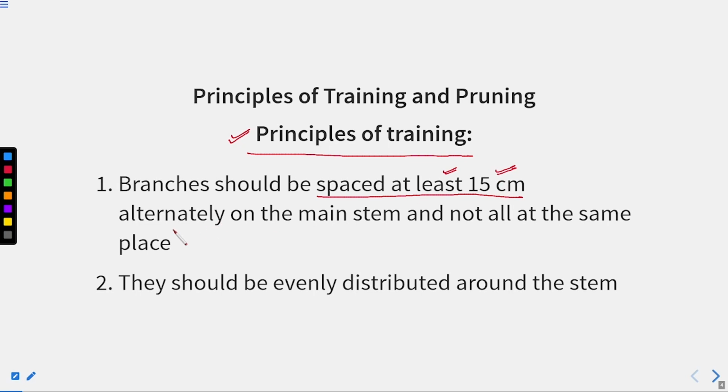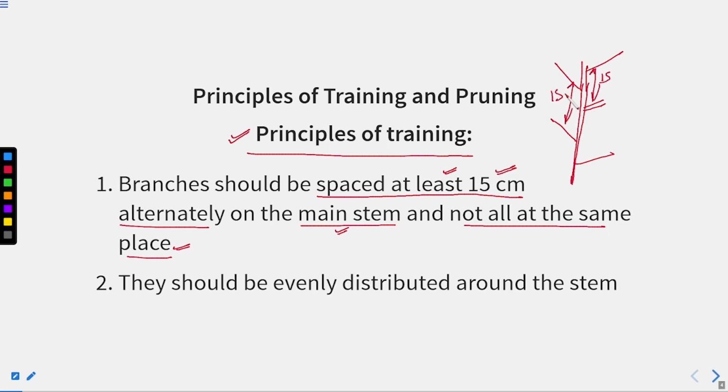Branches should be arranged alternately on the main stem, and not all at the same place, right? On the main stem we maintain the distance of the branching, 15 centimeter, 15 centimeter, and this is done only on the main stem.